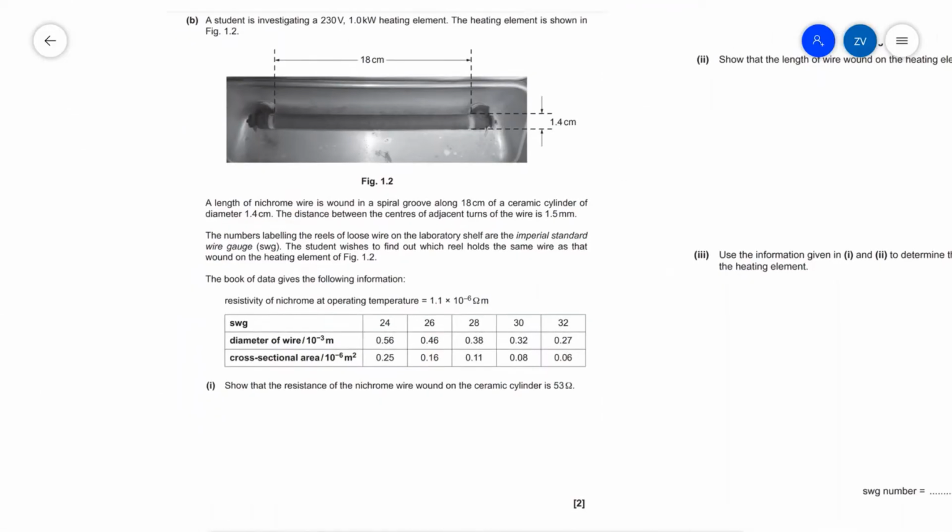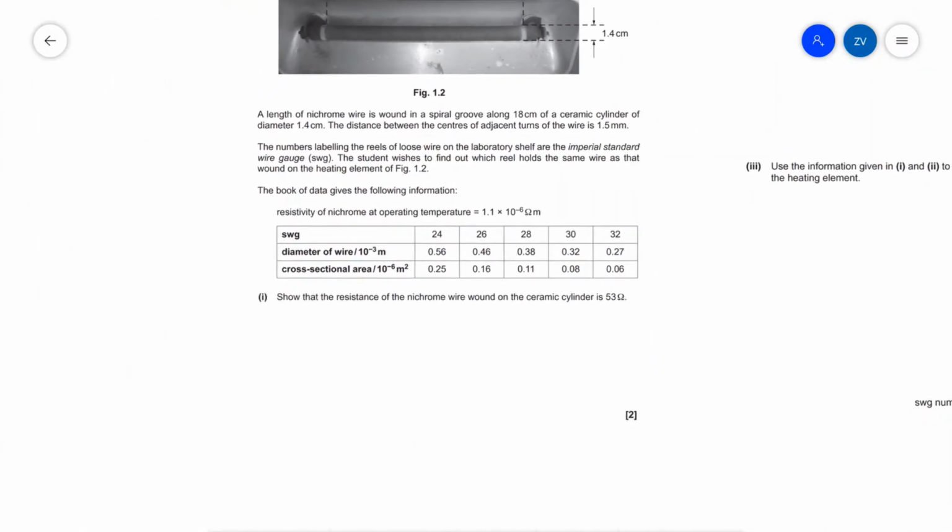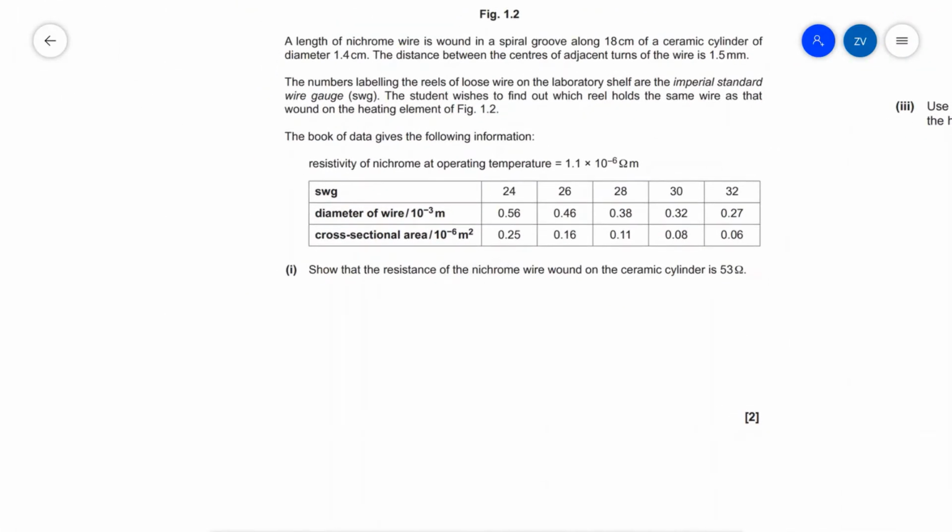Now, notice that the question starts off by giving us the potential difference and the power. We know, probably still from our GCSEs, that power is equal to potential difference squared divided by the resistance. Just rearranging for the resistance, we get that R is going to be V squared divided by the power. Our potential difference was 230 volts, so we're going to square that.